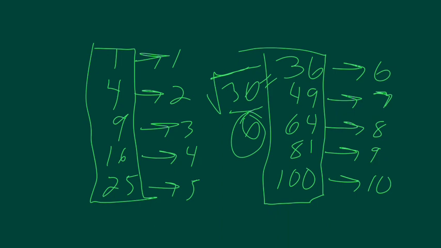Look at our perfect squares. 27 is not on here, but 27 is between 25 and 36. Well, the square root of 25 is 5, and the square root of 36 is 6. So since we're taking the square root of 27, look at these perfect squares again, the numbers in boxes. It has to be between 5 and 6.